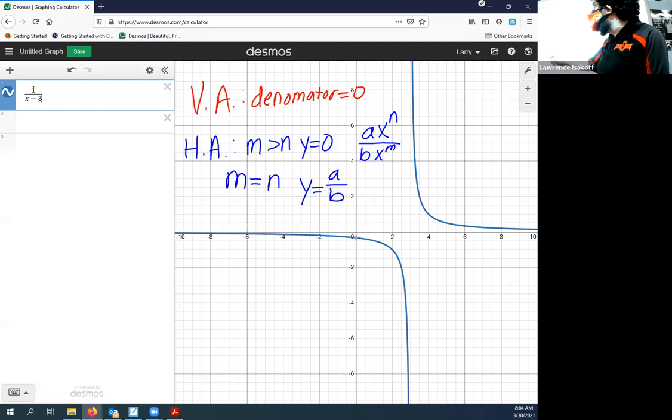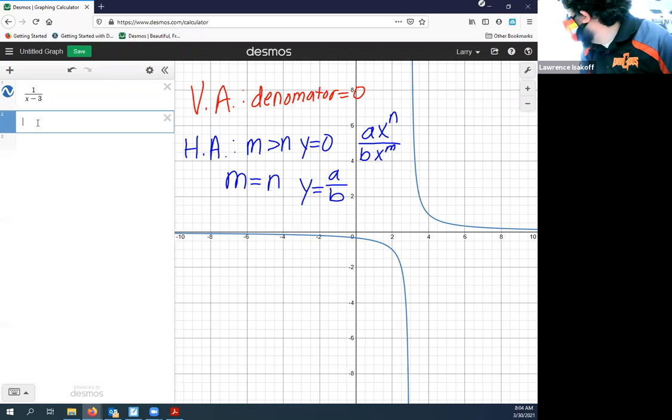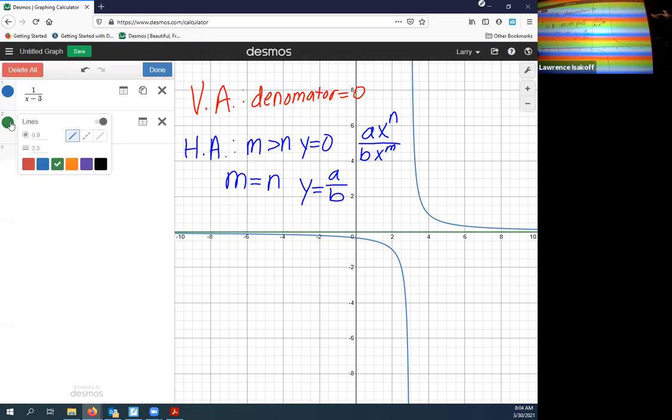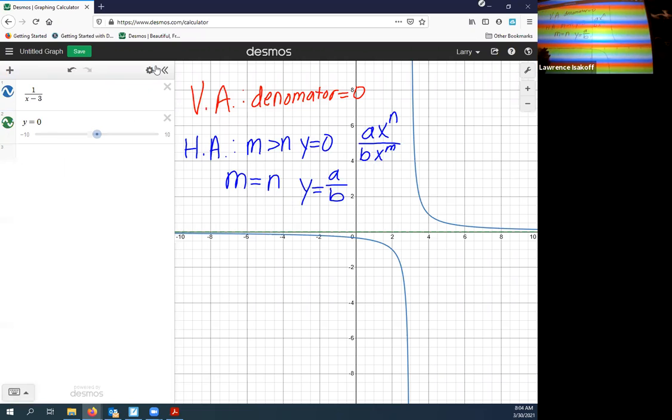So that's going to be y equals 0. If I put y equals 0 in there, I'm going to make it a dashed line. Notice it looks like it just wants to hang out around this dashed line, right? That's our asymptote. It approaches the dashed line, but never crosses it.